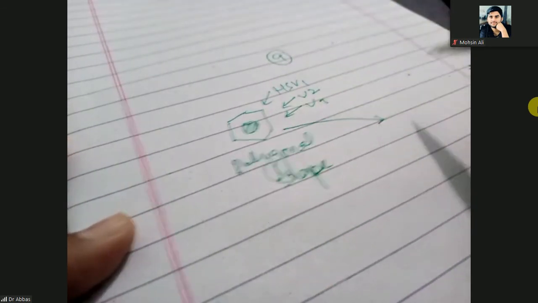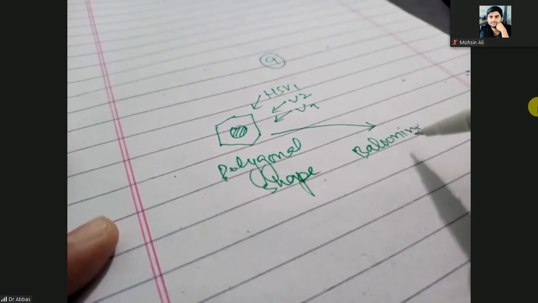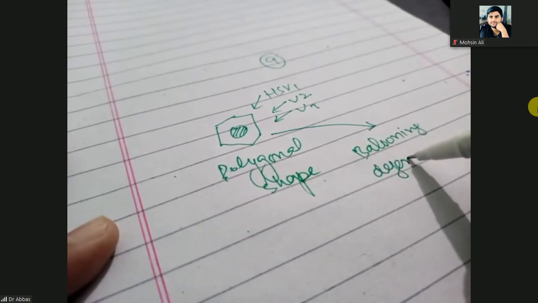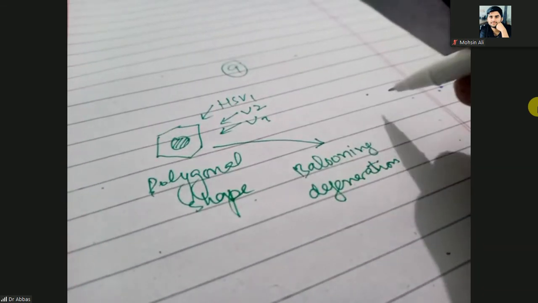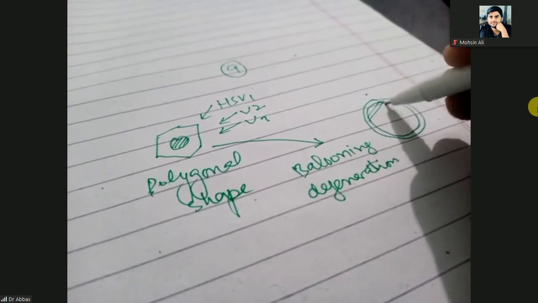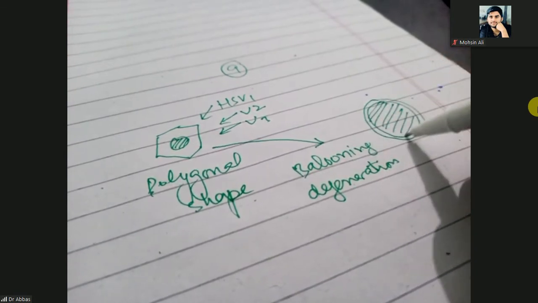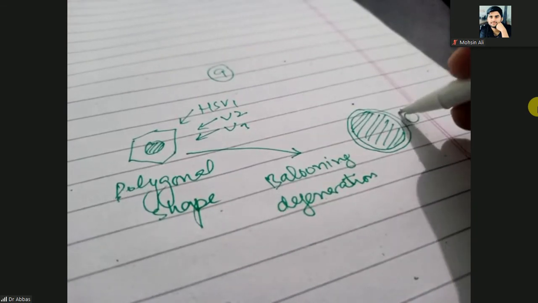There is a pathology, we call it ballooning degeneration. The polygonal shape will change into rounded, but the cell nucleus will become bigger. Rounded, bigger nuclear cell. And these are the nearby peripheral cells that have nuclei.